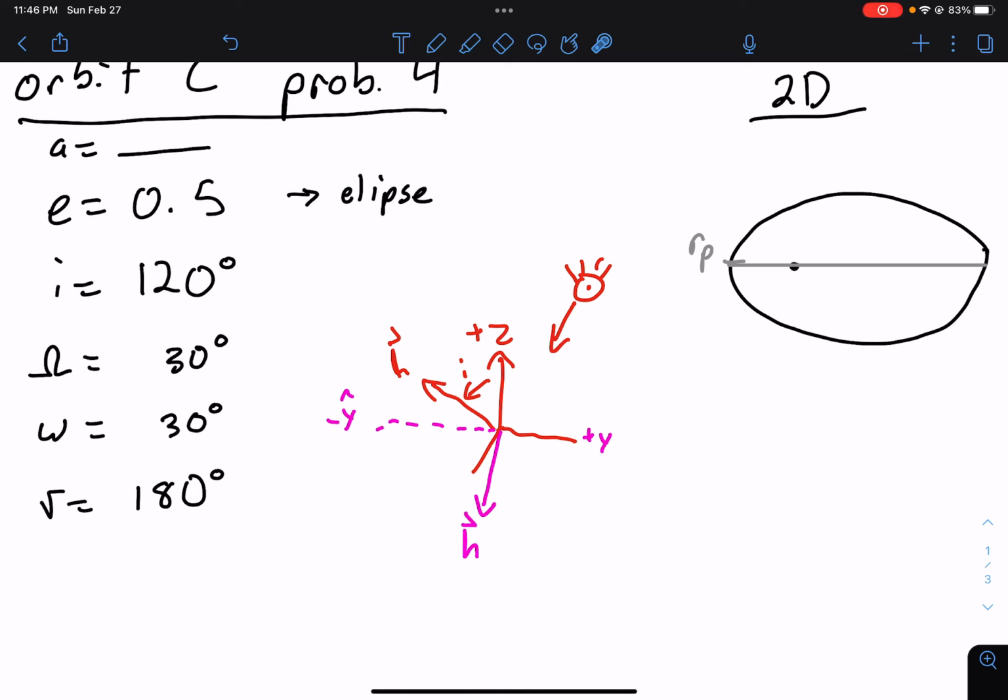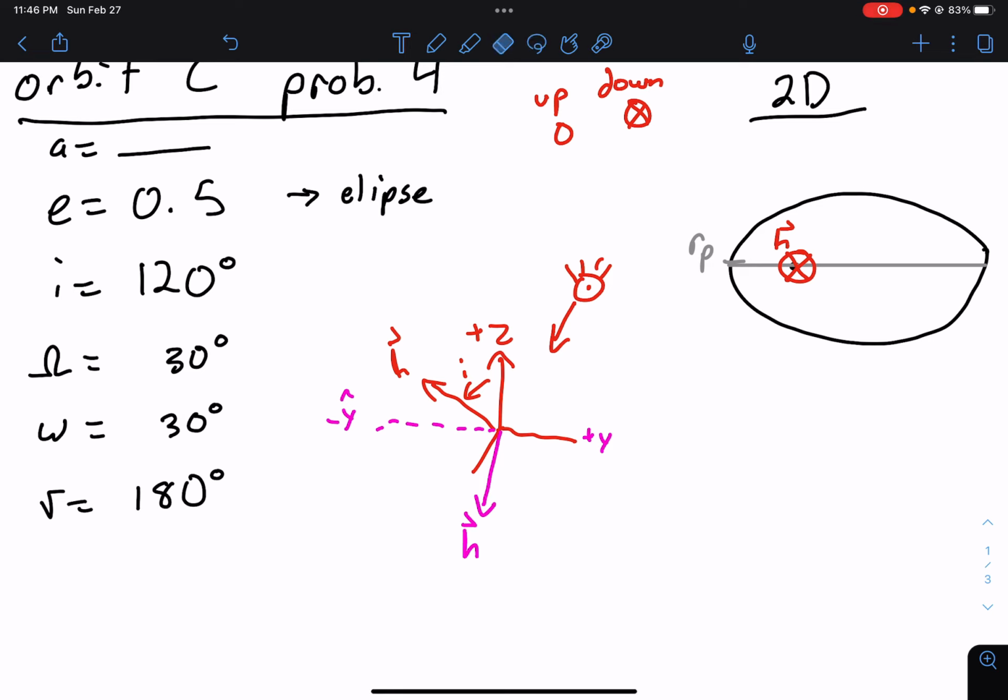That means our h vector is going to be into this page. The cross means down, the open circle means up. If I just circled the central body, it would mean the h vector is coming up, which we usually view from the top down.